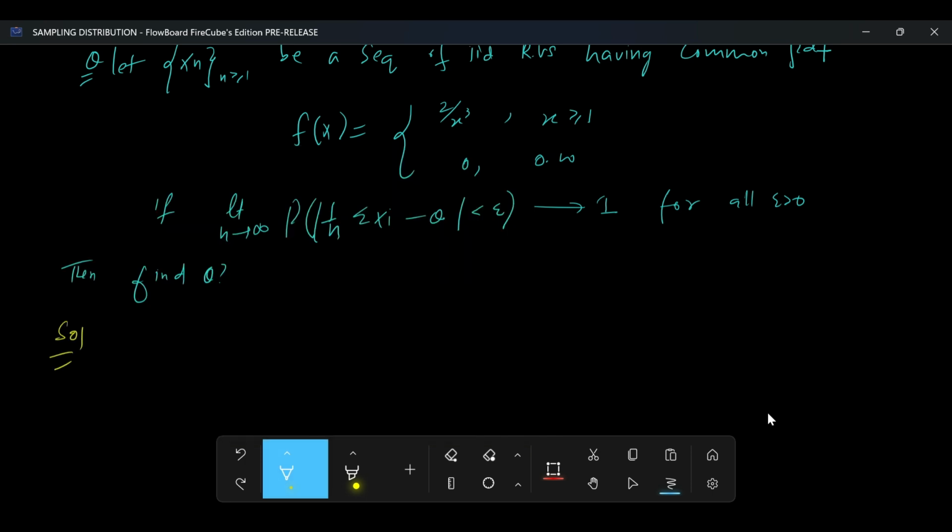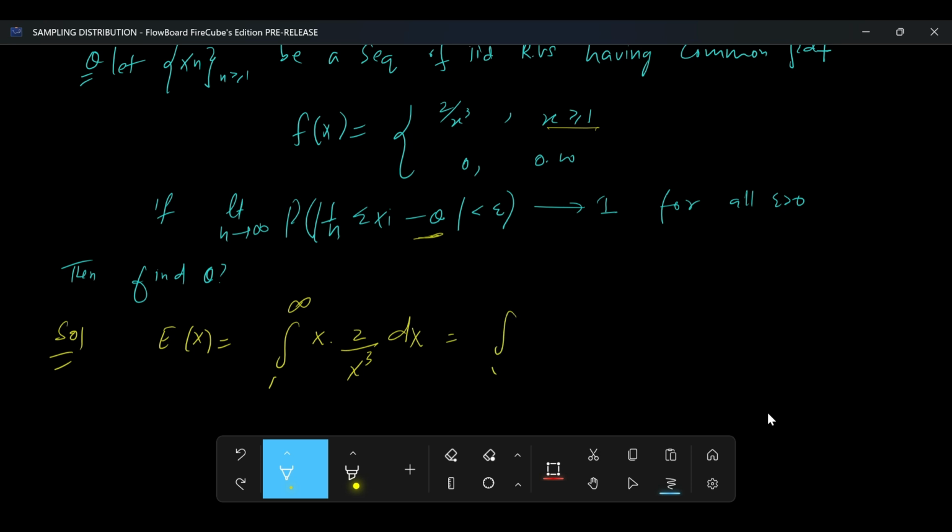whatever will be on this place, that will be the expectation, right? So finding theta means finding expectation. So expectation of x is the integral from 1 to infinity of x into 2 by x cube dx.